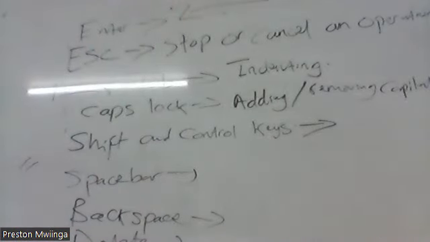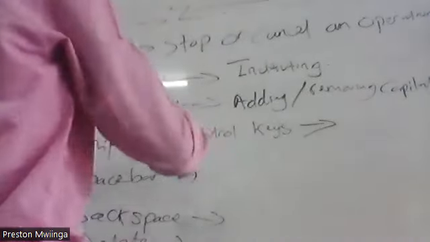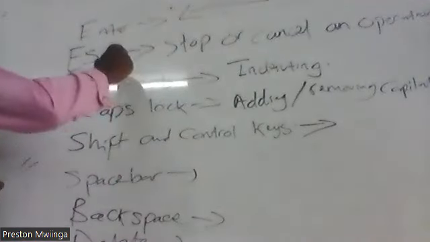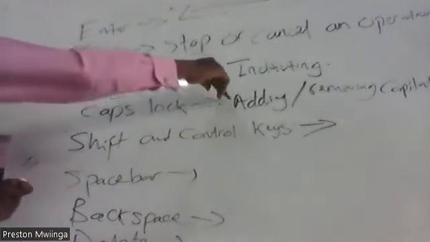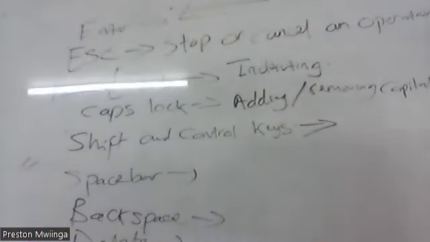So the arrow keys are used for scrolling up and down and to the sides. You can use the arrow keys to scroll up and down, or you can use the arrow keys to move your cursor to wherever you want it to be. So the arrow keys will help you do that.